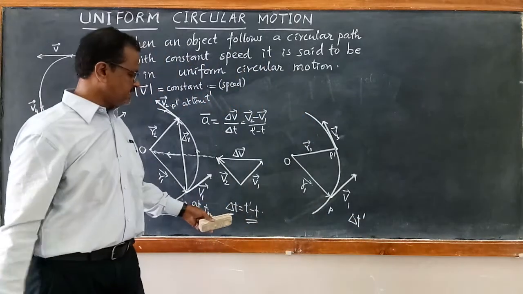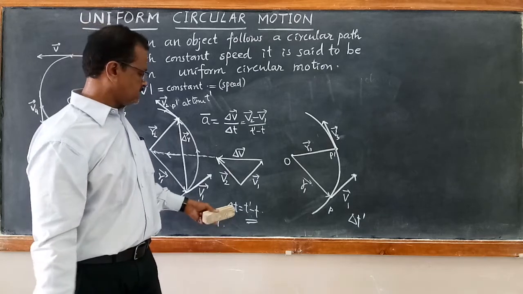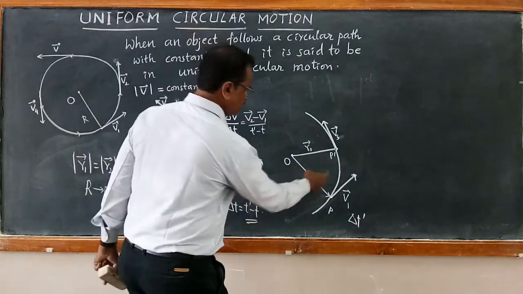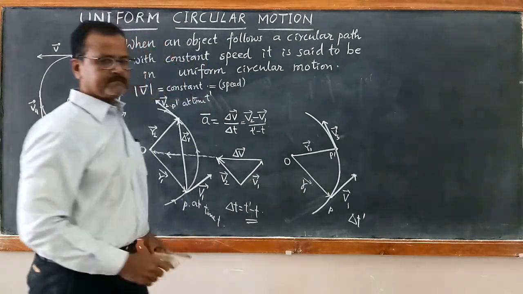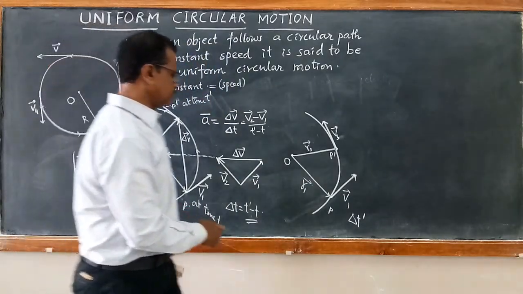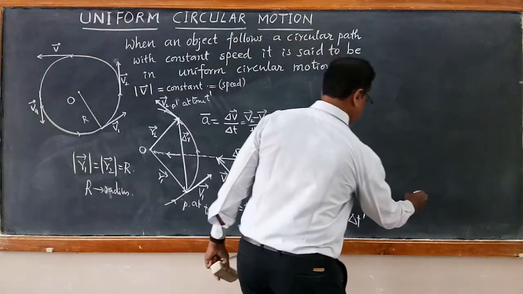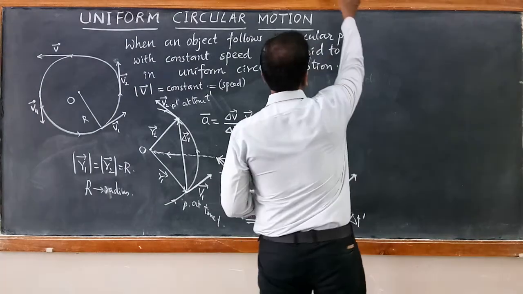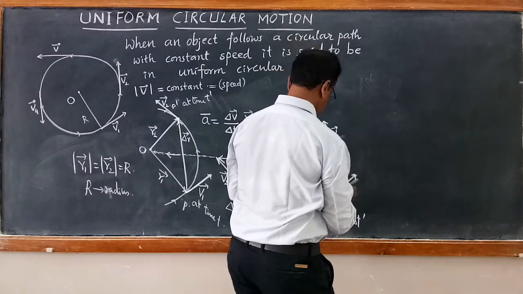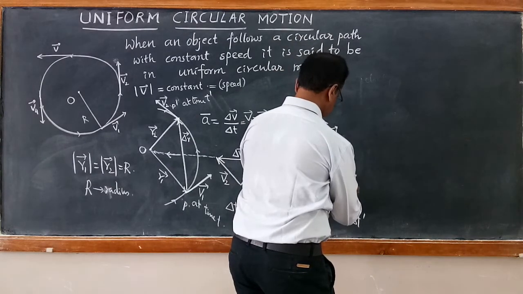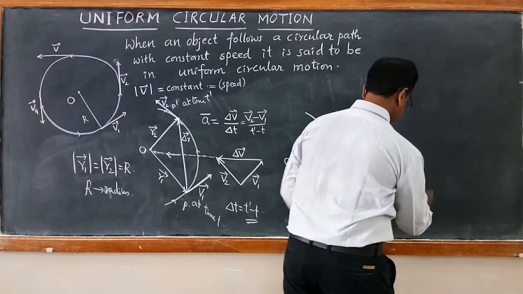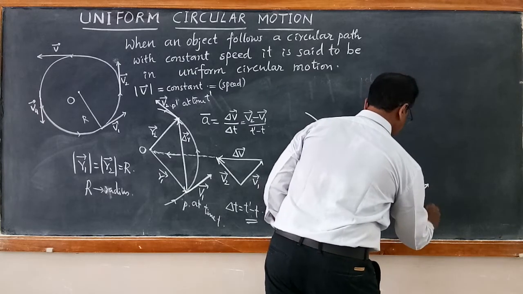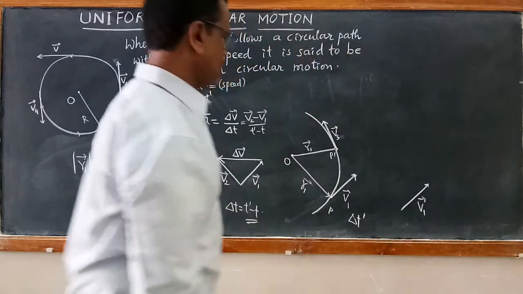Delta t dash is less than delta t as it is done earlier. Now again draw a vector diagram as we have drawn here. So draw a parallel vector, as you have drawn earlier. This gives us velocity vector v1.